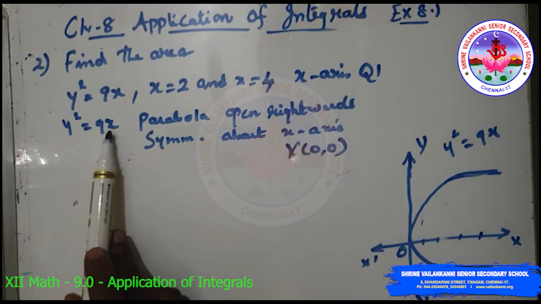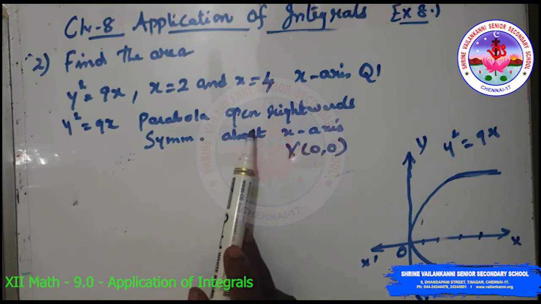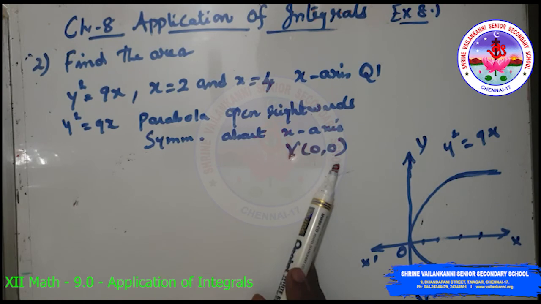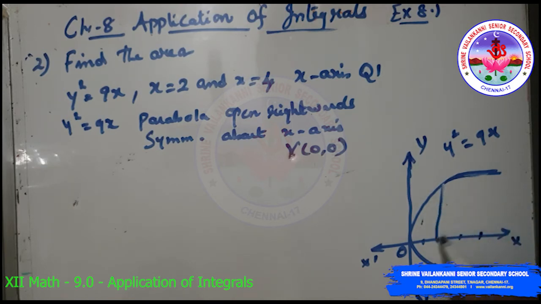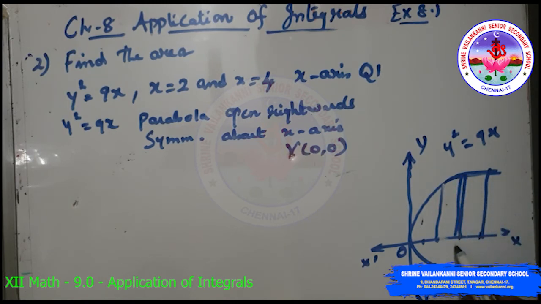Here y square equal to 9x, which is a parabola open rightwards, that is symmetric about x-axis. Its vertex is at 0, 0. So the coordinates are x equal to 2 and 4. We have to find this area in between x equal to 2 and 4. So a thin strip, so dx, and the height is y.